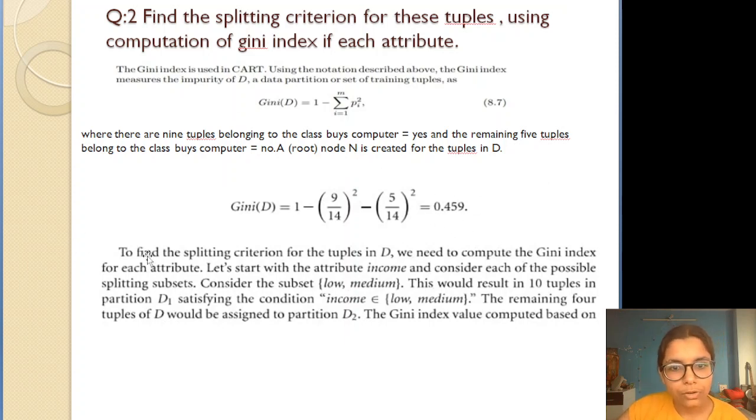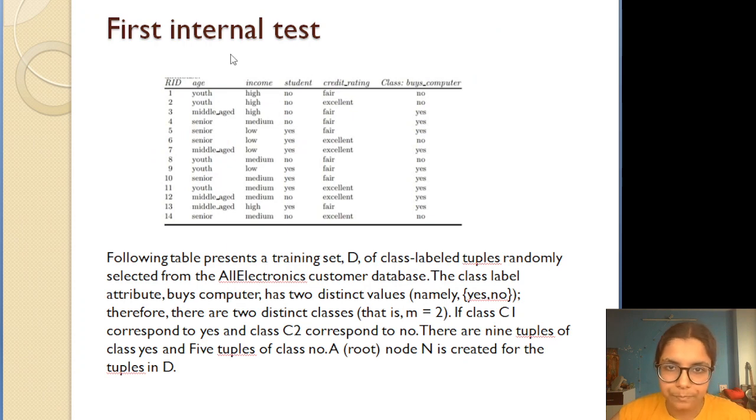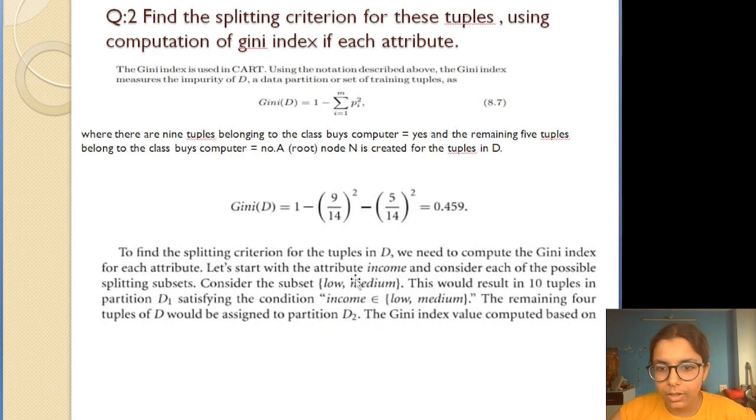Okay, so to find the splitting criterion of the tuple in D, we need to compute the Gini index for each attribute. Let's start with the attribute income. We had income here, so we would take that in the first iteration. Consider each of the possible splitting subsets. Consider the subset low and medium.